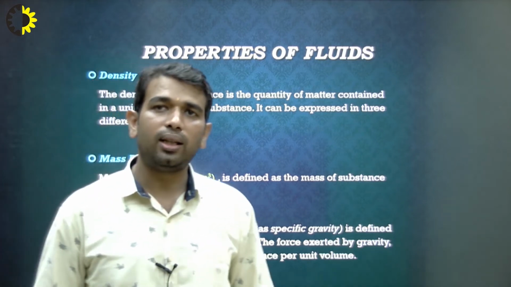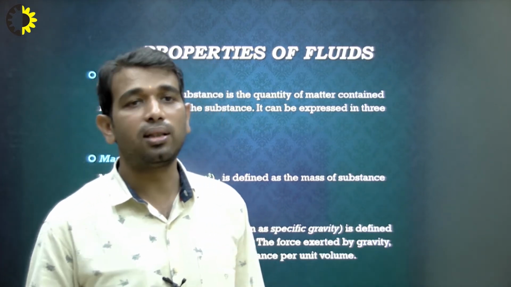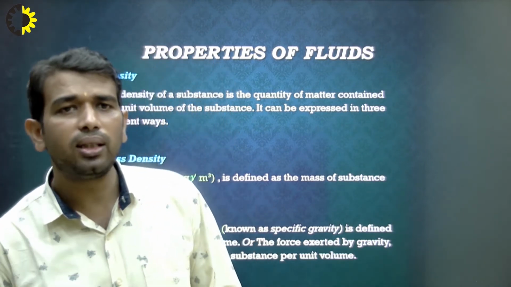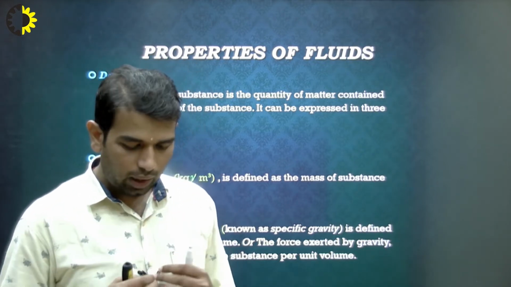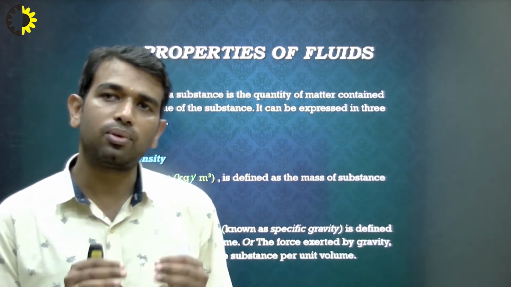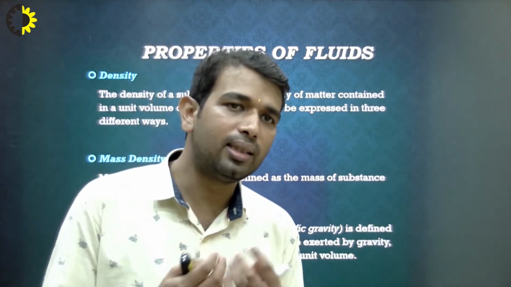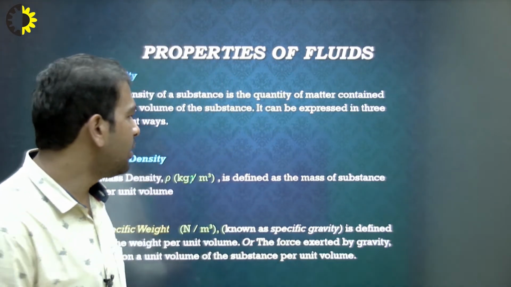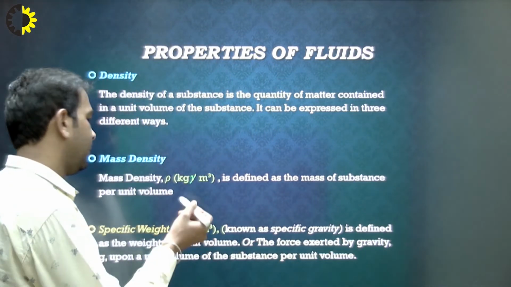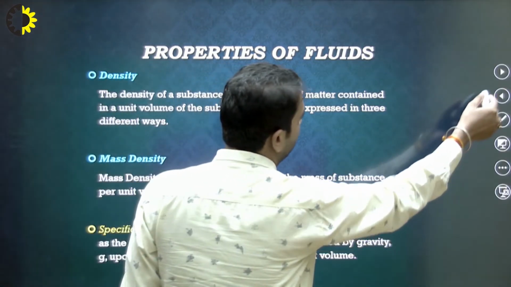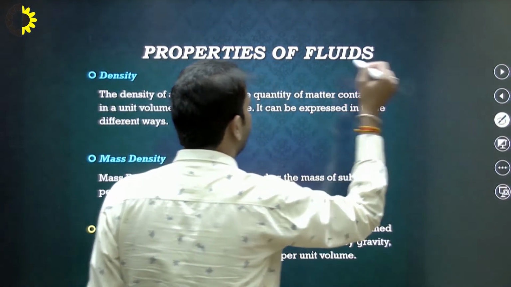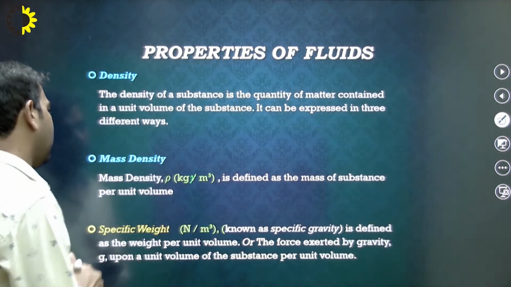The first density we are going to discuss is mass density. What is mass density? This is nothing but mass per unit volume, the mass contained per unit volume of any substance. So what is the unit of mass density? We denote mass density by the Greek letter rho.